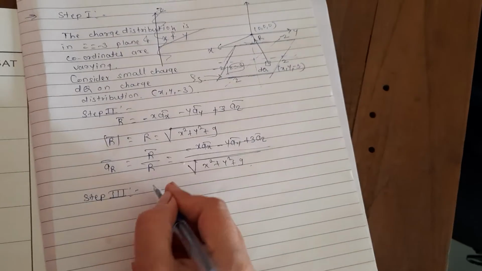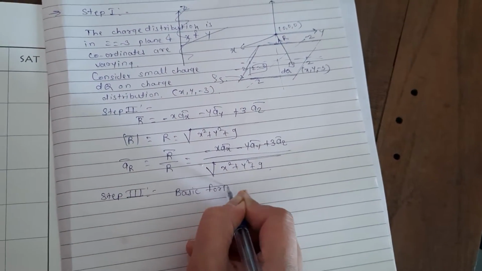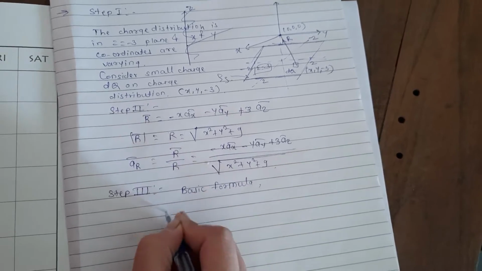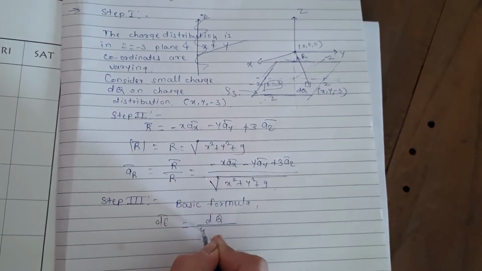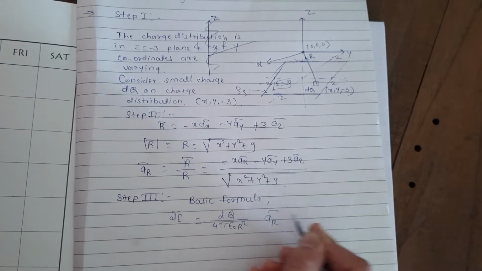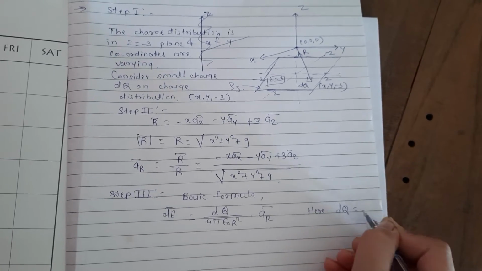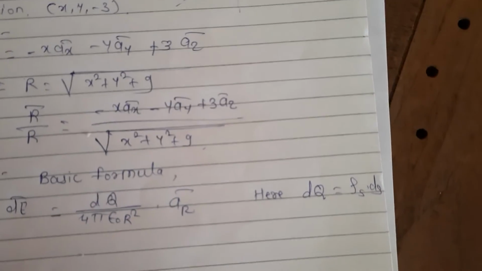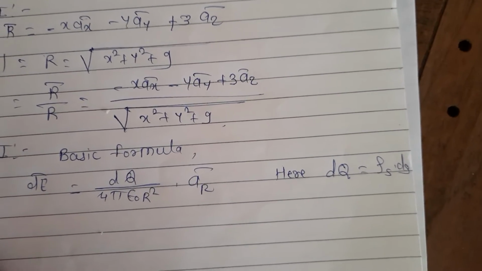Now next is step 3. Now we have the basic formula for dE bar, which is equal to dq by 4 pi epsilon 0 r square ar bar. Now what is dq? dq is rho s ds. In the Cartesian coordinate system, the coordinates are denoted by dx, dy, dz.